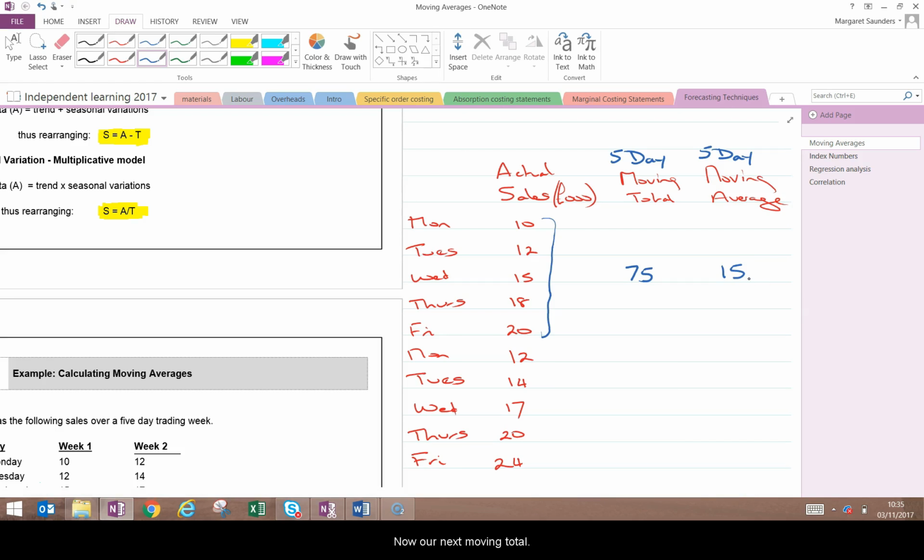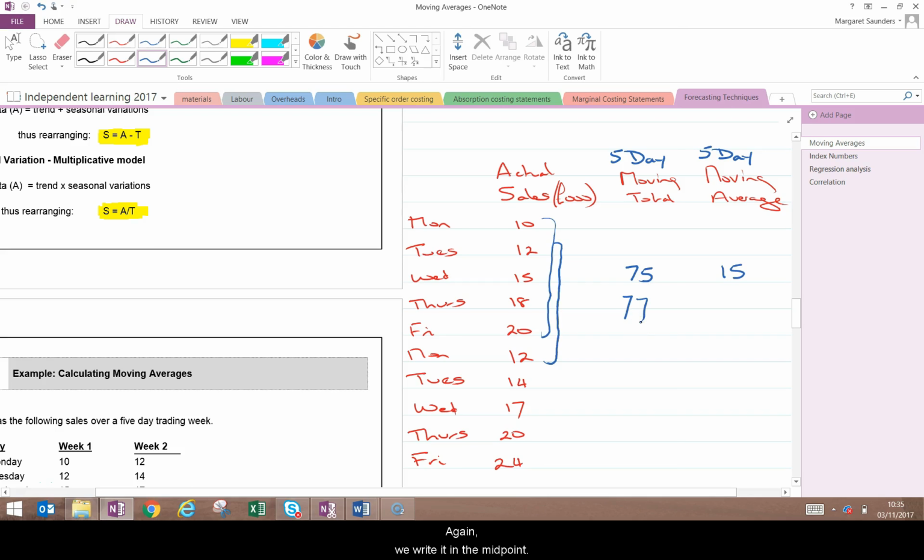Now our next moving total. We now start with Tuesday and we take 5 days. So that will be Tuesday, Wednesday, Thursday, Friday, plus the following Monday. We add those 5 pieces of data together and it comes to 77.